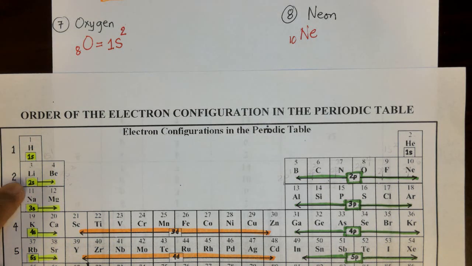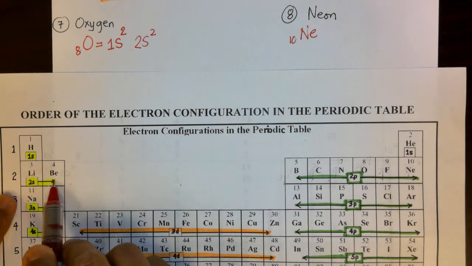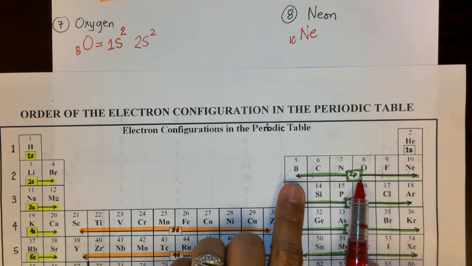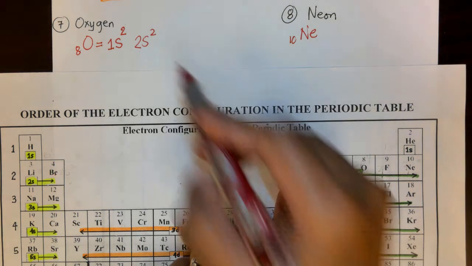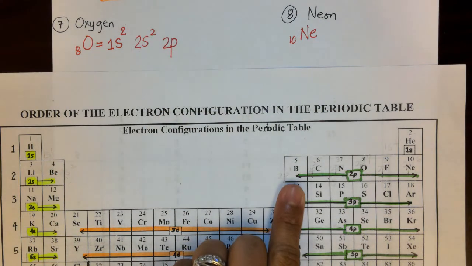After that, second floor, to the left side first, it's a 2s. So that's going to be a 2s, 2 elements, lithium and beryllium. So 2s2. Next, finally, we reach oxygen. It's a 2p, so you write 2p. But what is my exponent?